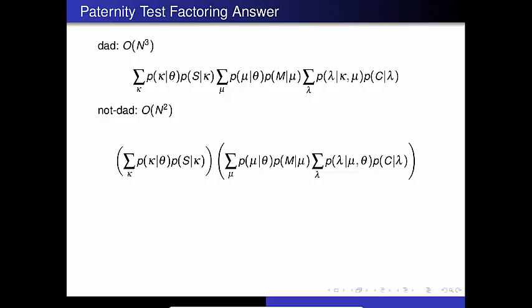Maybe returning to see if I can understand your question. Here we are considering a mystery dad just drawn from the general population. That's why theta is showing up here, right?